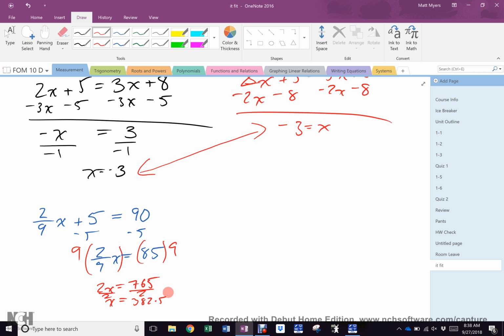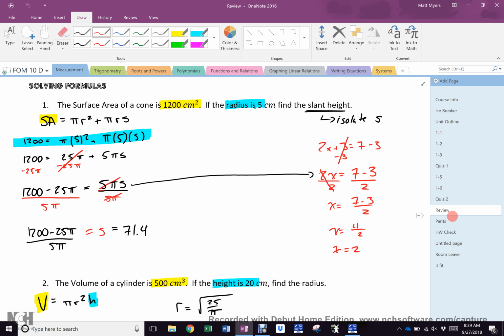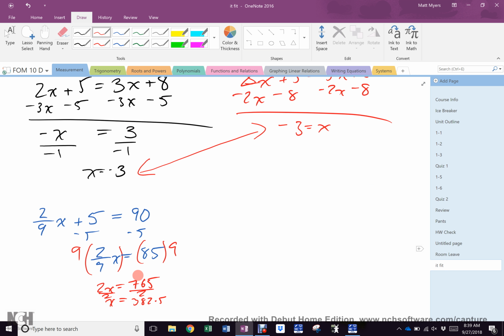Now, all of you are the members of the cadre of grade 10s who told me that you have trouble with this. Why? If you have no trouble with this, why are you having trouble with 100 equals pi times 7 squared plus pi times 7 times s?